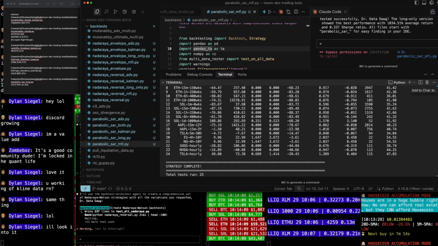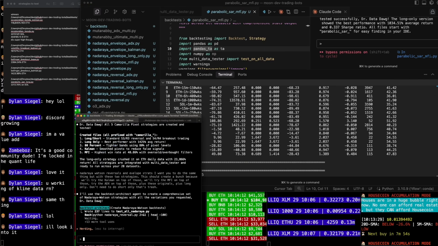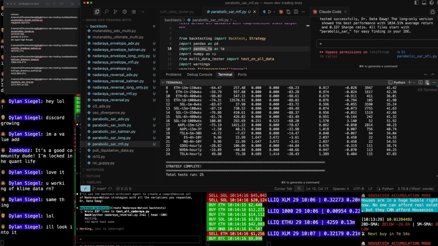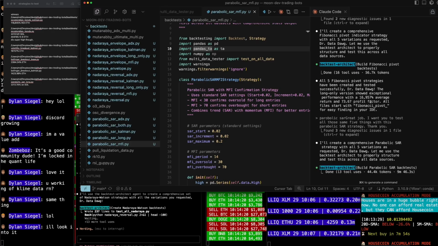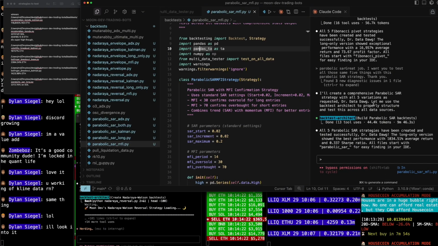Okay, so this one doesn't look too hot. We're waiting for this Nadaraya-Watson here. The one thing about the Nadaraya-Watson that I do remember is it repainted a lot on TradingView, which was not fun, not a good look.